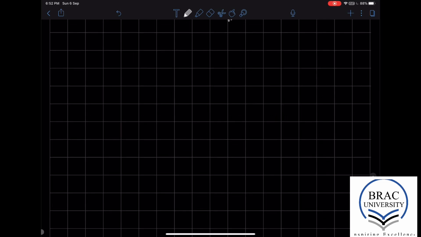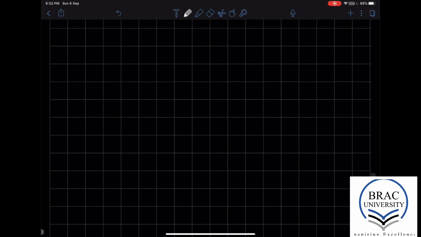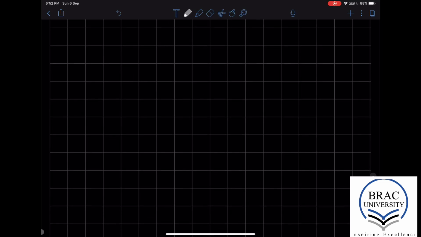To see how the Biot-Savart law will let us calculate the magnetic field at point P, let us isolate our wire. So let's redraw our wire over here.